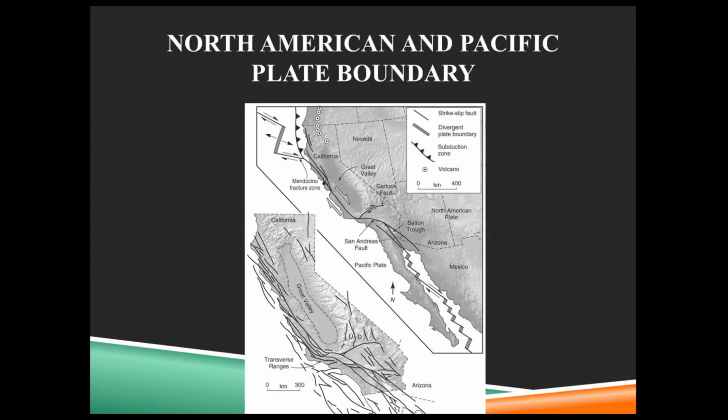So if we look at the North American plate and where it bounds the Pacific plate, we find the San Andreas Fault. I'm sure everybody has heard of that by now. I hope so, because I've talked about it in class, but also probably you've heard of it before this. We can see a trace of the San Andreas Fault right here, and we see it's not a straight line. Even at this scale, it's not a straight line.